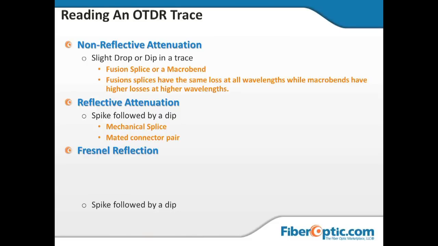Fresnel was an individual in the 1800s that wrote most of the theories about light wave propagation that we know today. And all of that gave us the cause to name something after him. So Fresnel reflection is honoring that discoverer or that scientist.